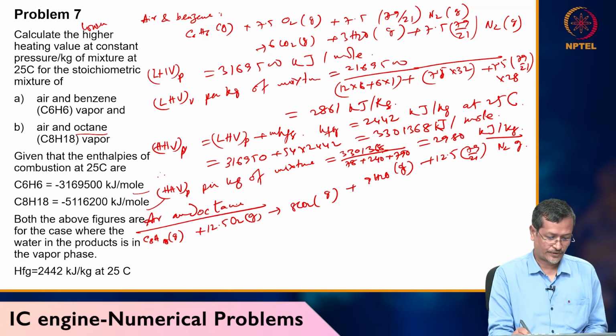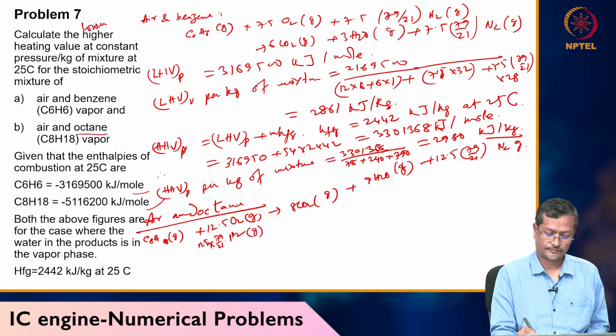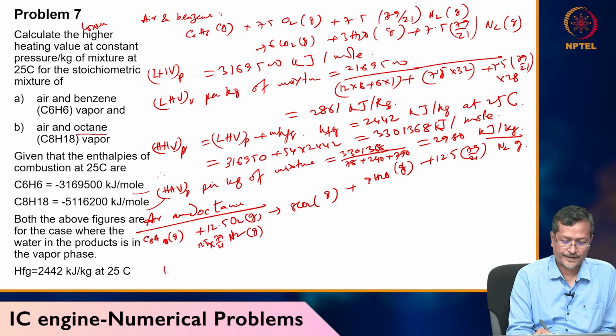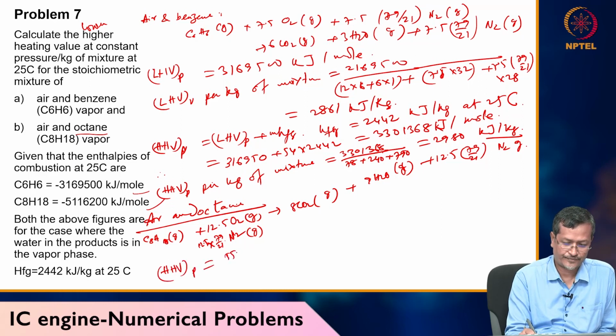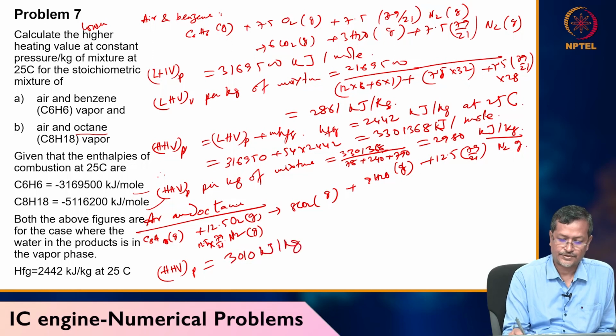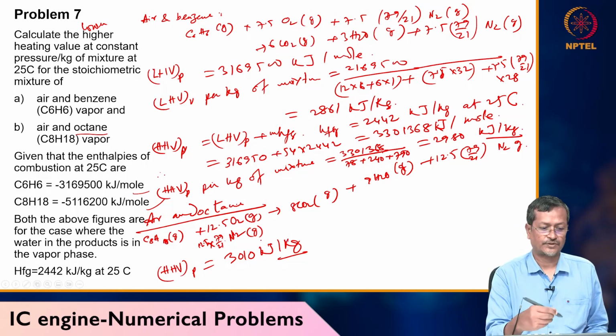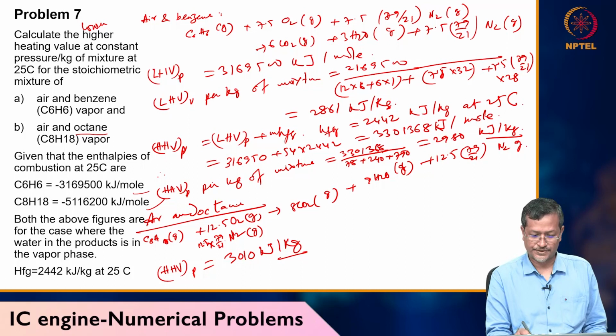The left side should also have nitrogen. In the same way you calculate, and finally you get a higher heating value at constant pressure of 3010 kJ per kg. I left the detailed calculation for you because it is the same as the benzene calculation, so please try it yourself.